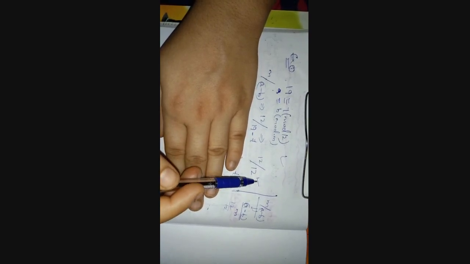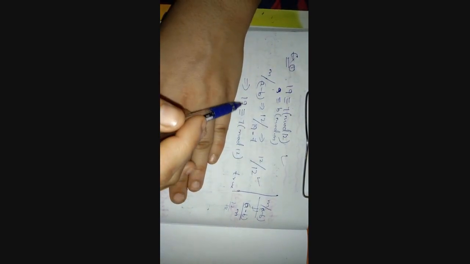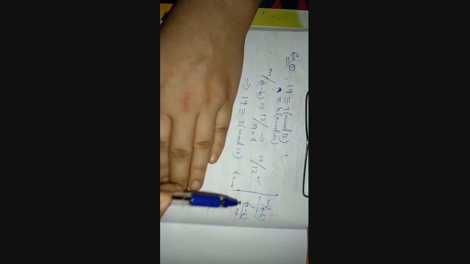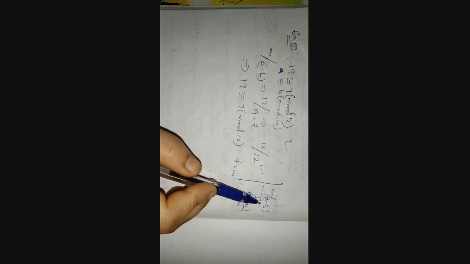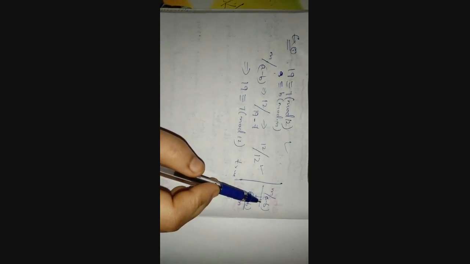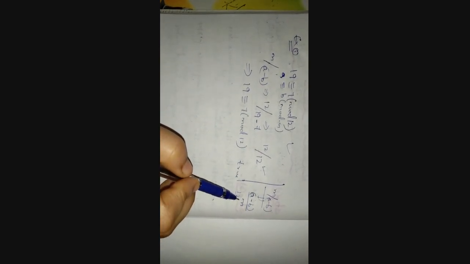So this condition is true, and then I can say 19 is congruent to 7 mod 12 is true. Just to recall, what is the meaning of m divides a minus b? From the divisibility definition, it is a minus b whole divided by m, which I write with a slant line.